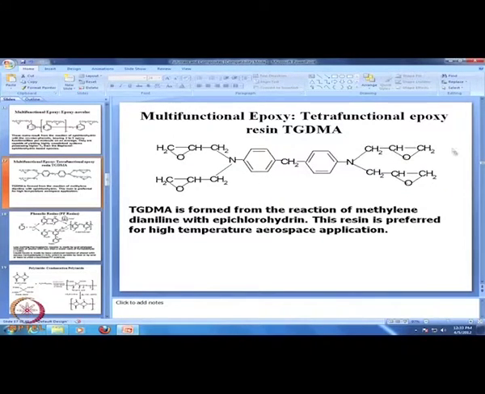This can be a good characteristic of multifunctional epoxy resin, and this TGDMA is formed from the reaction of methylene dianiline, or diamino diphenyl methane, with epichlorohydrin. As I told, this resin is preferred for high temperature aerospace application. So, these multifunctional epoxy resins are used for high performance applications in aerospace industries, for aircraft application.